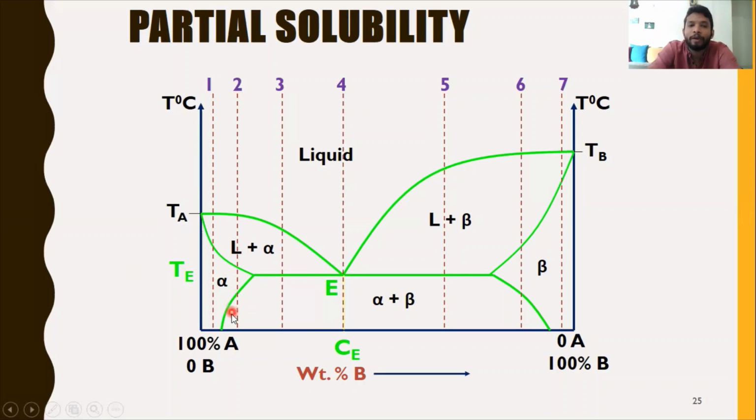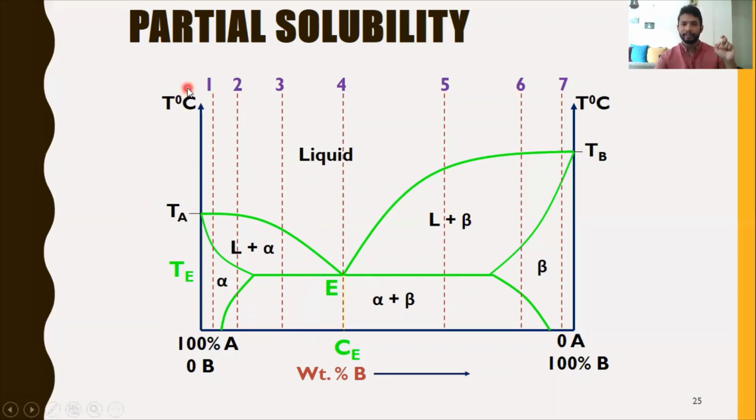Then out of nowhere beta appears. And I will show in the phase diagram when it comes to the structure. And line number 3 is a line we did earlier, which is complete insolubility, liquid becomes liquid and alpha, then alpha and beta lamellar structure. Here alpha and beta lamellar structure. Hope you understand. Now let's see how we can draw these things.